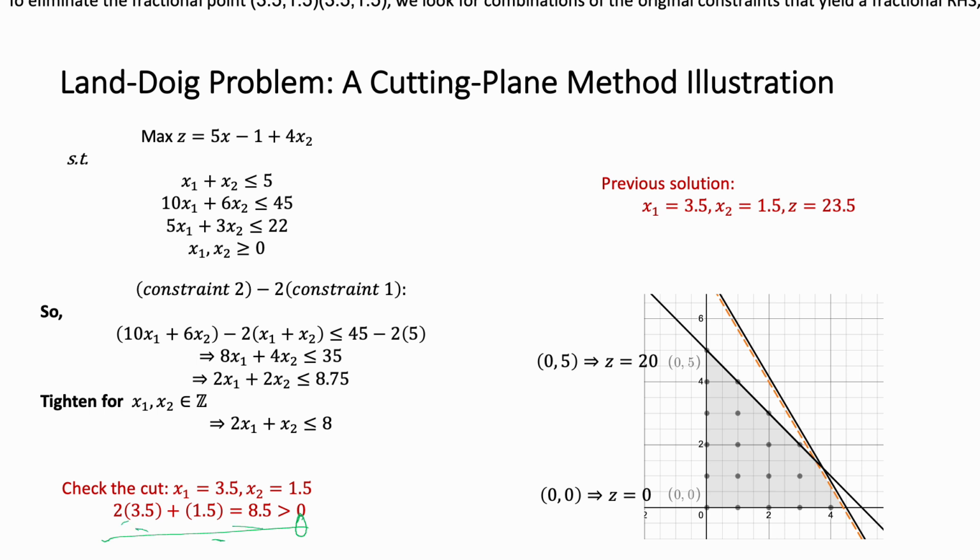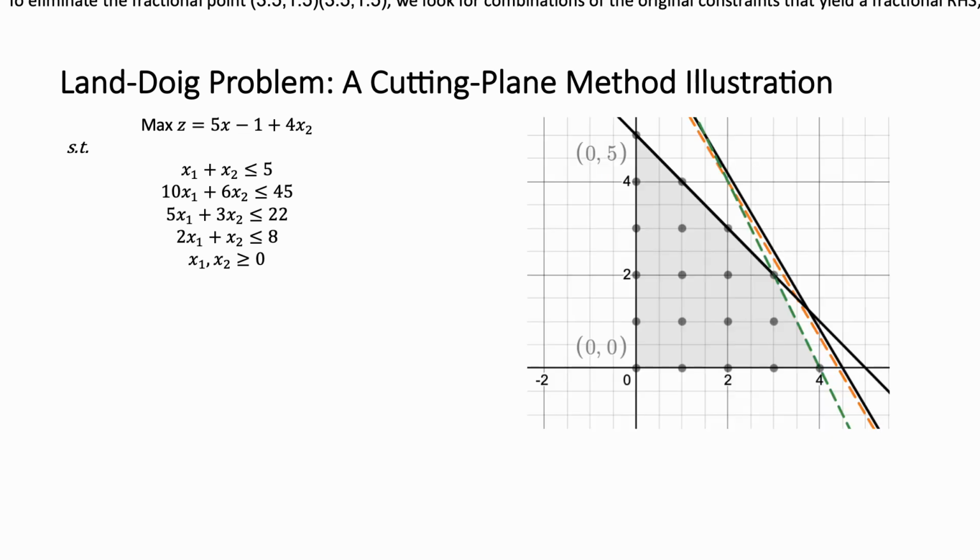So since it yields 8.5, which is greater than 8, it means when we tightened the solution space, it expelled this fractional solution out of the feasible region. So meaning the cut was effective. It was able to exclude the fractional solution.